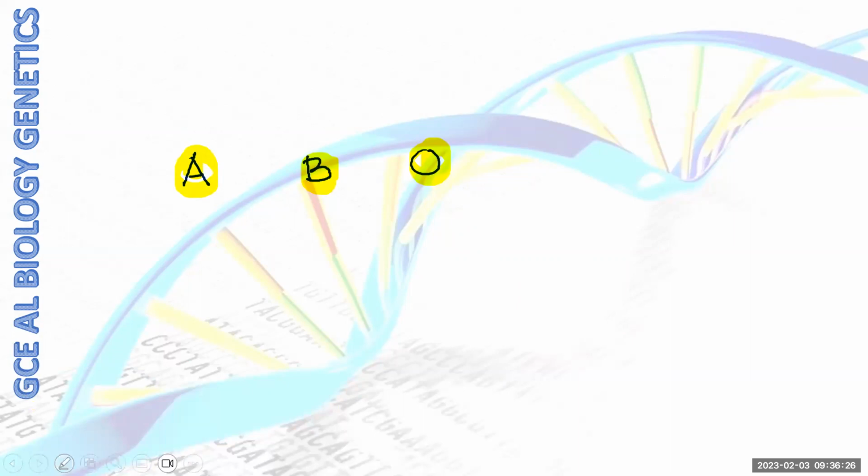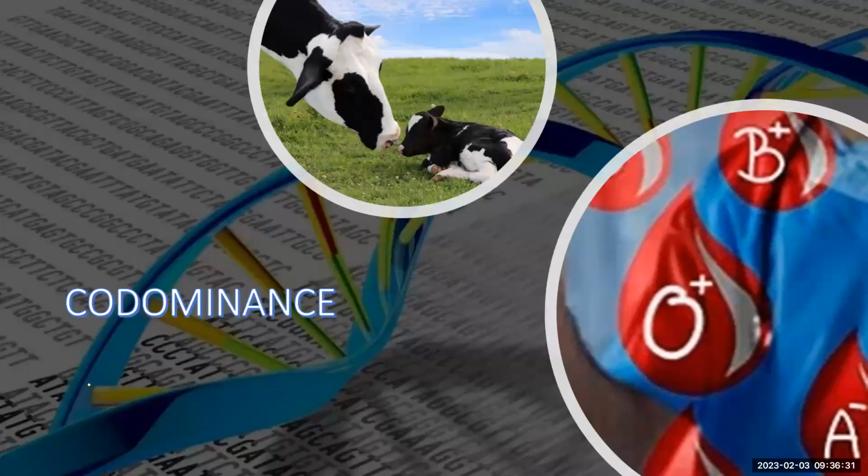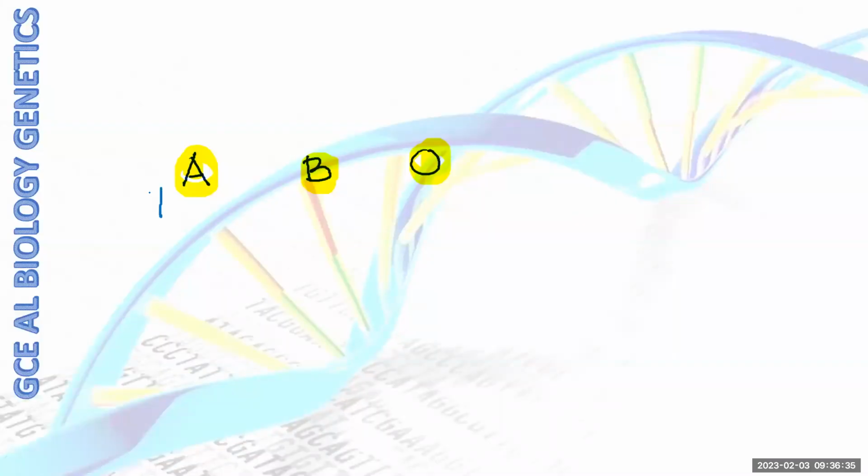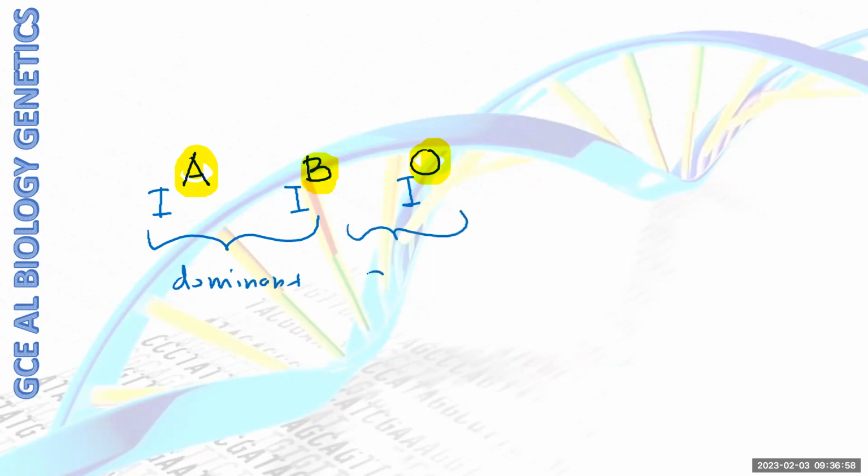And we usually write the alleles as I superscript A, I superscript B, I superscript O. Now in these IA, IB, IO alleles, these two are dominant, and this one is recessive.